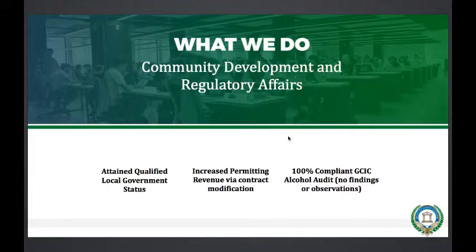We were also able to increase our permitting revenue by negotiating and entering into a better deal with our building permit inspector vendor. So we're excited to be able to report cost savings to the residents. We hosted a monitoring visit with GCIC, and were able to obtain 100% compliance as it relates to our alcohol auditing processes.